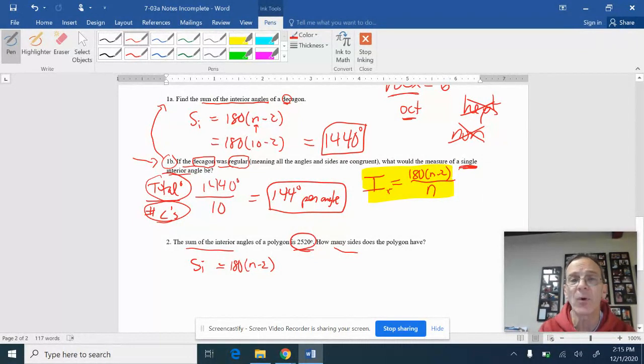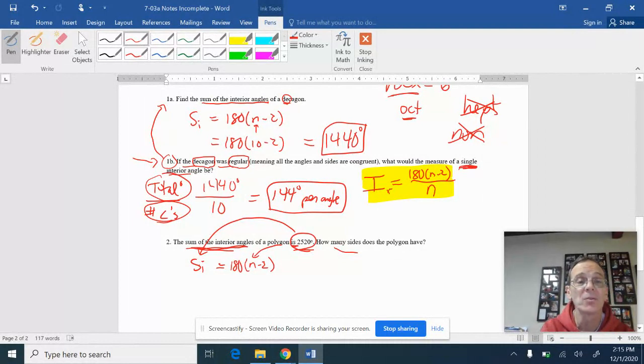What does it stand for? What does the problem tell you it represents? Well, the problem tells you that this 2520 is the sum of the interior angles. And so it gets plugged in here, not there.